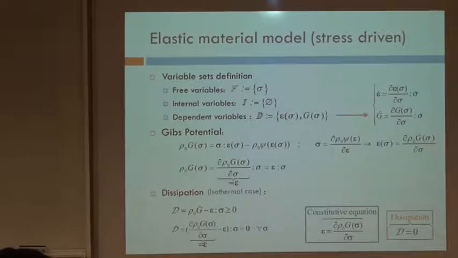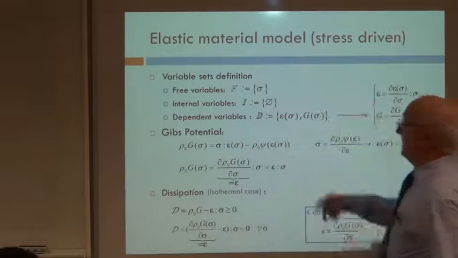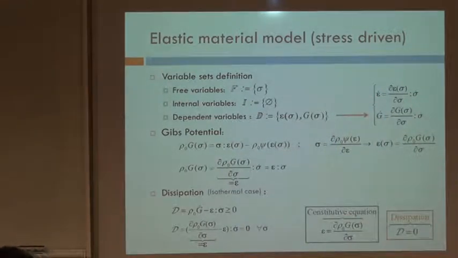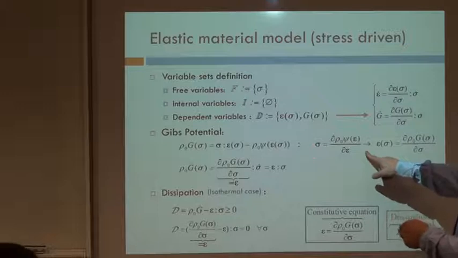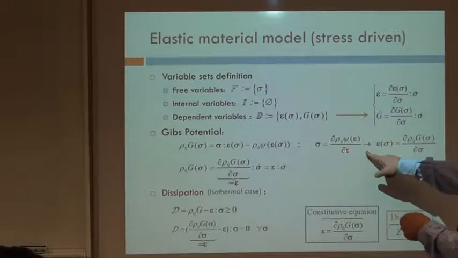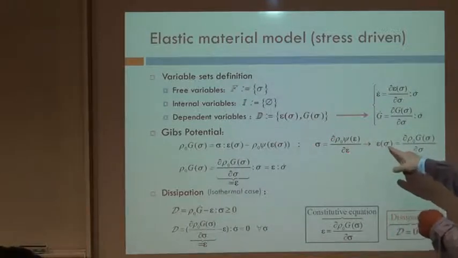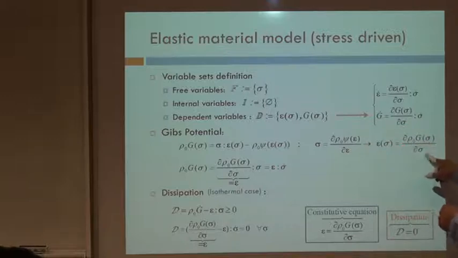Now let's consider the Gibbs potential, which is constructed that way. According to what we have seen before, the stresses are the derivative of the free energy with respect to the strains, and the strains are the derivative of the Gibbs potential with respect to stresses, due to the properties of the Legendre transform.